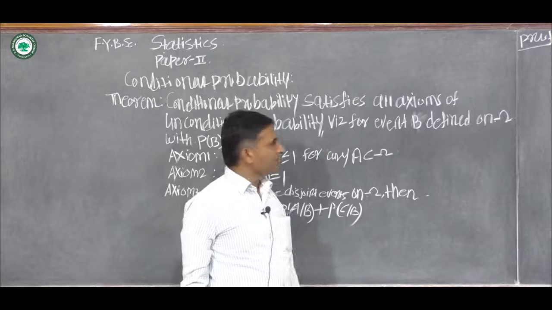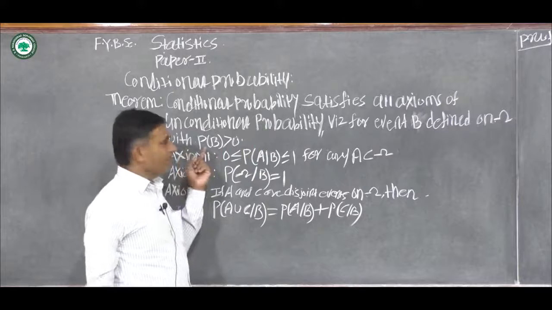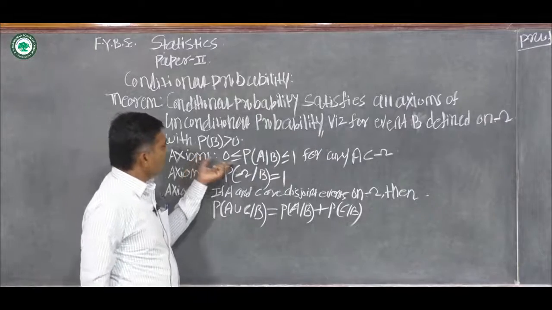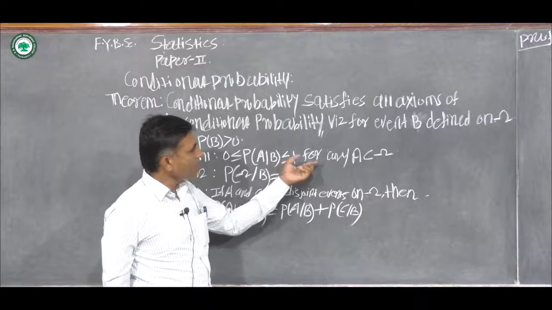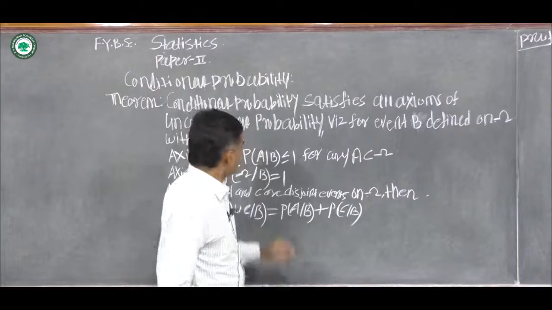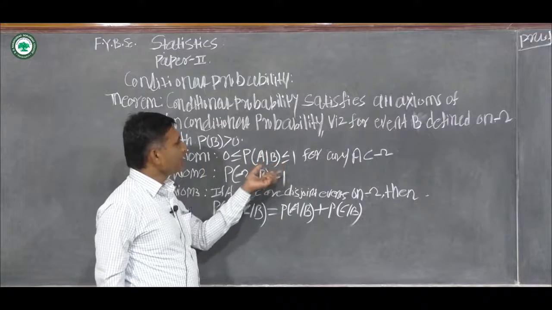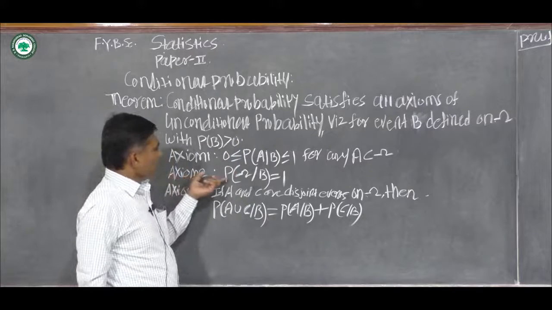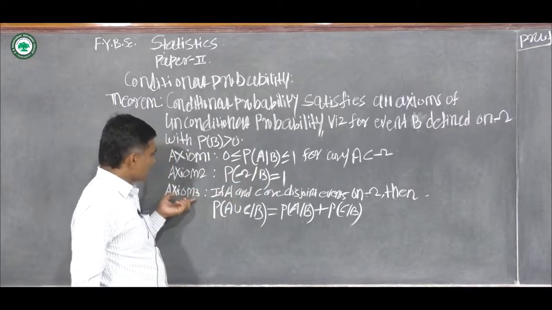Namely, for event B defined on a sample space omega with the probability of event B greater than 0, axiom number 1 is 0 less than or equal to the probability of A given B less than or equal to 1 for any A a subset of omega. This means the conditional probability of A given B lies between 0 and 1, and here A is a subset of omega.